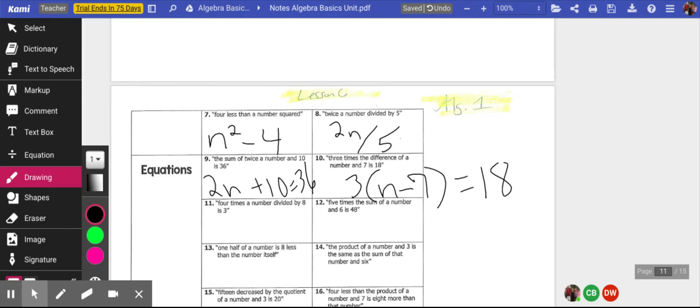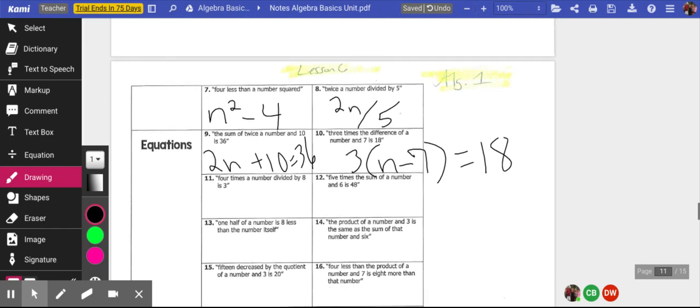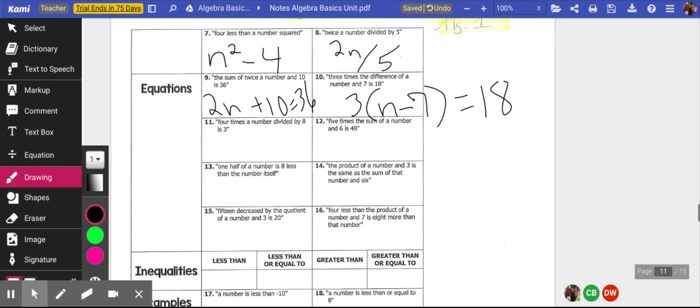Okay, let's see here. I'm going to have you do 11 and 12, and then I'm going to go down to number 13 here. So we have 1/2 of a number is 8 less than the number itself.